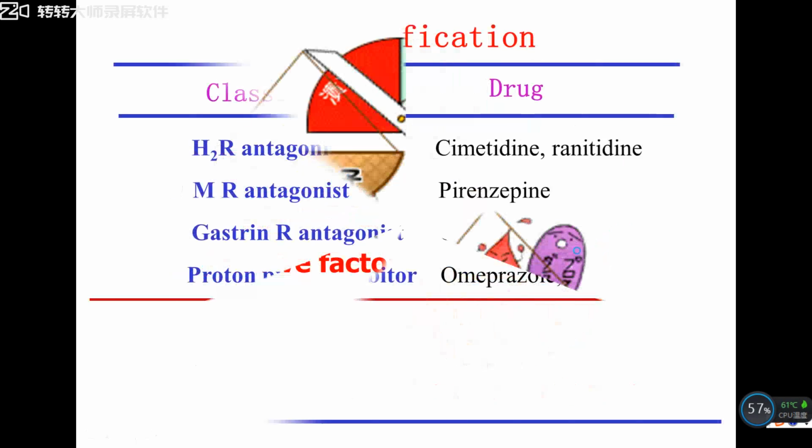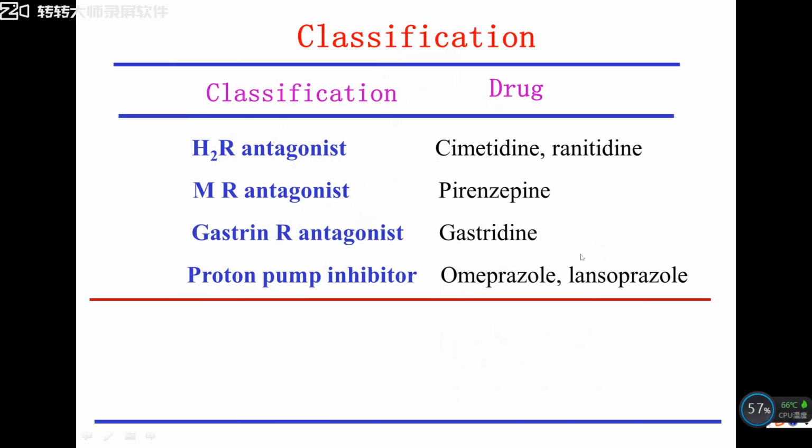So in the clinic, the drugs used to treat gastric ulcer include these 4 kinds. The first kind is H2 receptor blockers, such as cimetidine and ranitidine, and the second kind is M receptor blockers, such as pirenzepine.